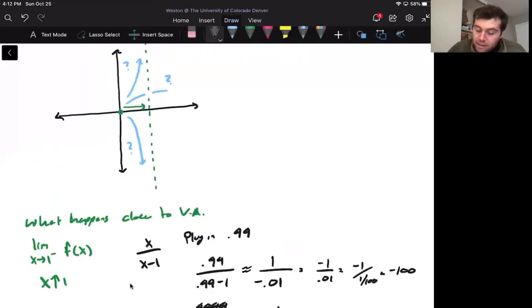And so it turns out that our function is going to look like a curve that goes down like that.